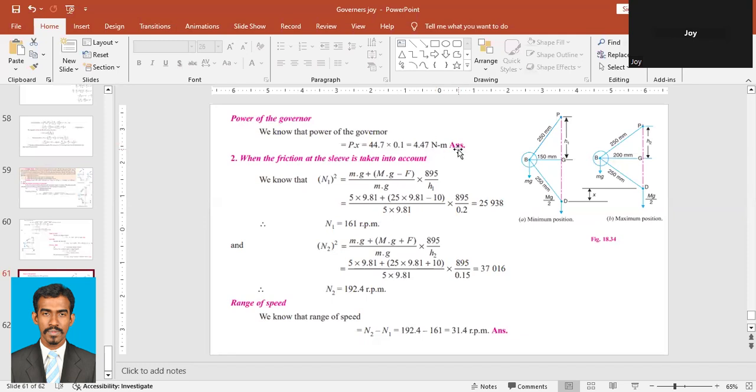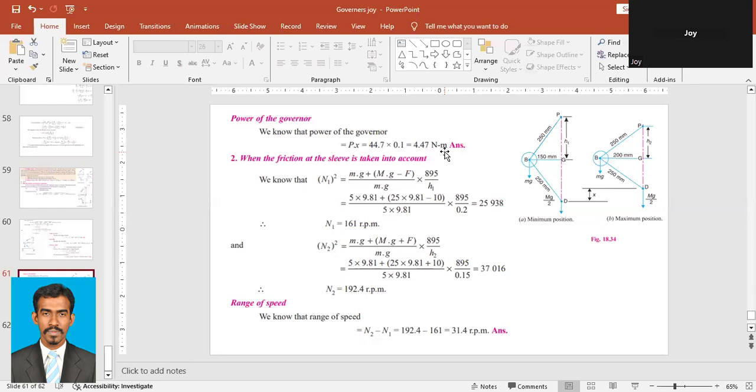When you are doing this type of numericals, please pay attention to the unit. If you are asked for power, you must end up with some kind of Newton meter over something.